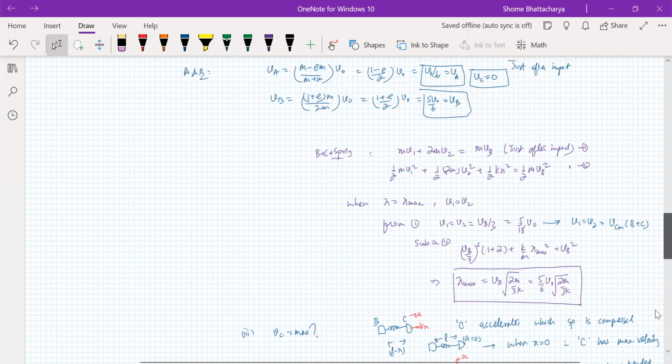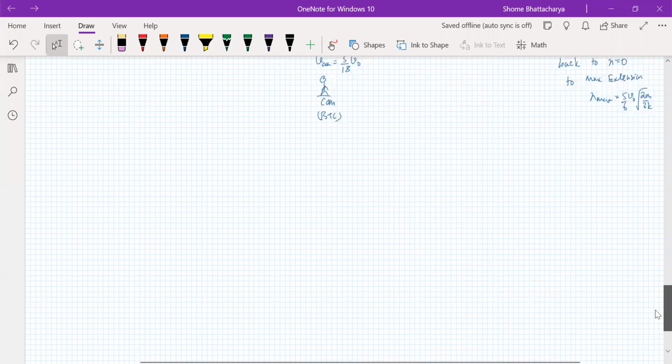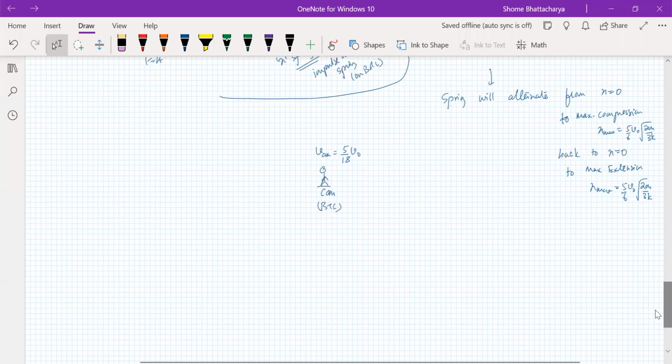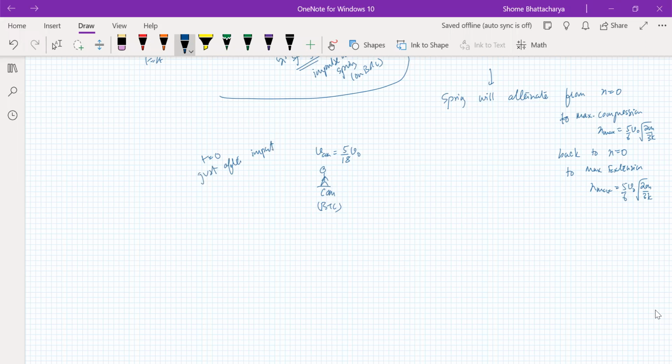Okay. So if we are in that frame, this is how the situation looks. At t equal to 0, just after the impact, in that frame, we will see B coming towards us with a relative velocity and C also coming towards us with a relative velocity, and they will be at natural length.